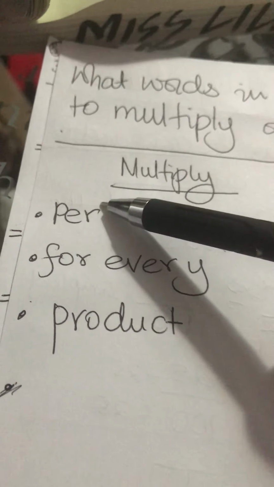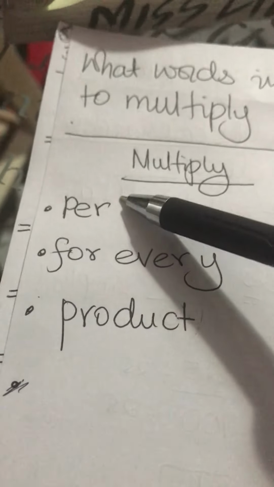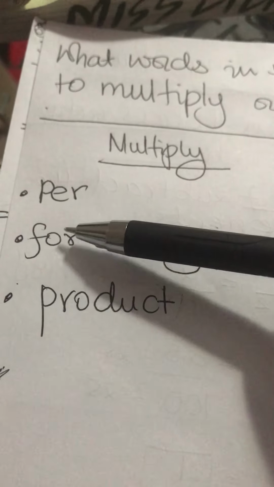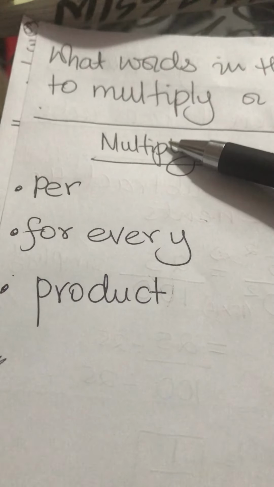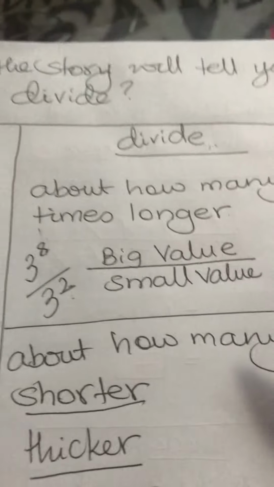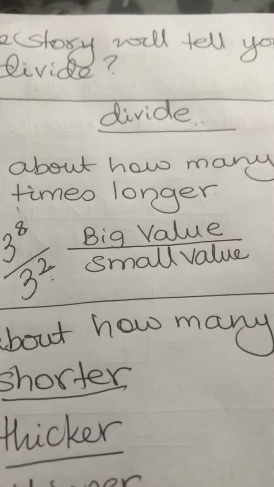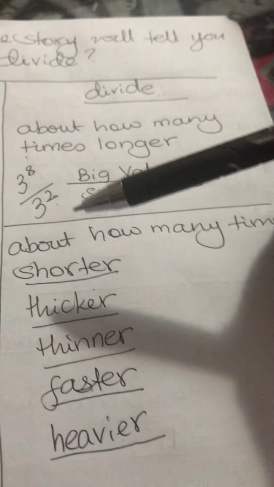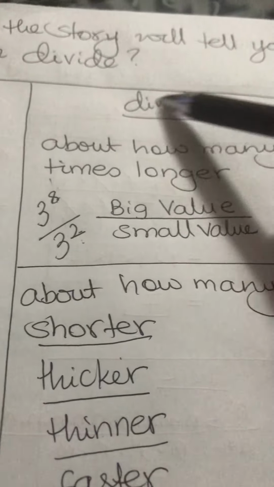So here are some of the words you will see. If you see the word per in a sentence, think about multiplication. For every, think about multiplication. Product, think about multiplication. When you see the words how many times longer, or how many times shorter, or how many times thicker, thinner, faster, heavier, then you know you're going to divide.